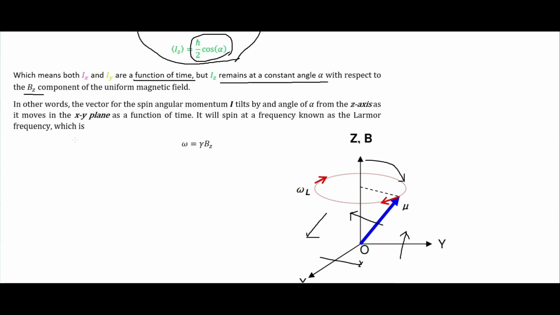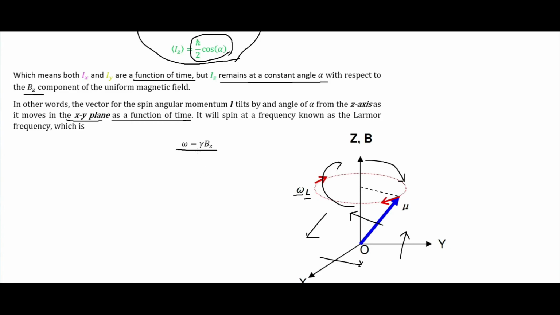And so it moves in the XY plane as a function of time. And it will spin at a frequency known as the Larmor frequency, which is this. So that is that omega, which this shows right here. And the L here is just telling us that it's going in a left-hand direction.